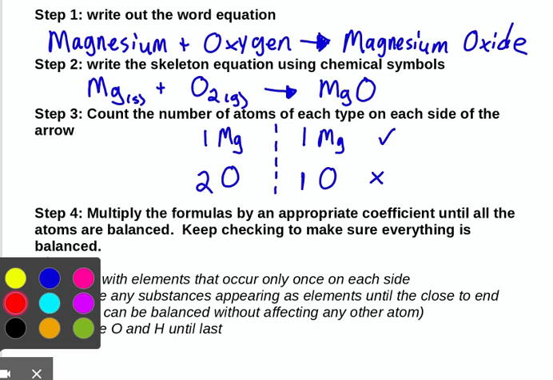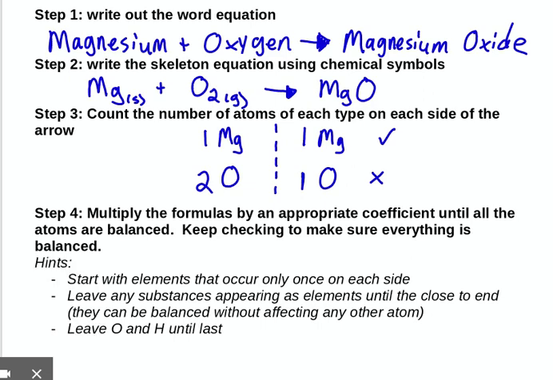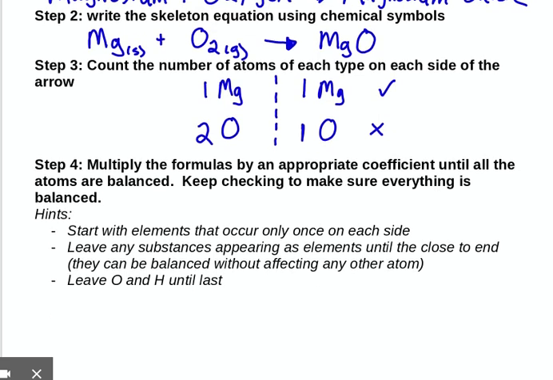Now we have to go through some steps to make it so that each type of our atom is equal. The only thing we can do is add coefficients. Those coefficients are the numbers that are in front of the formula. We are not allowed to change any subscript numbers. And so here are my rules. Always start with elements that occur only once on each side.